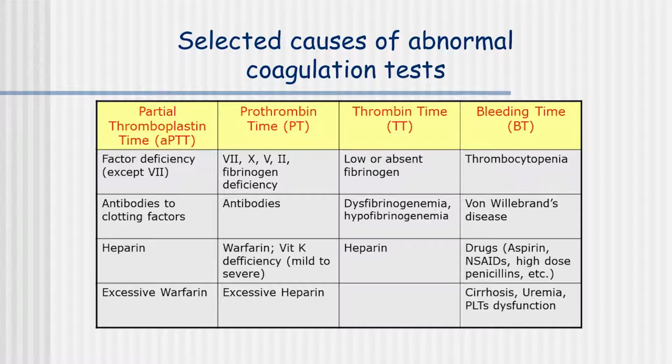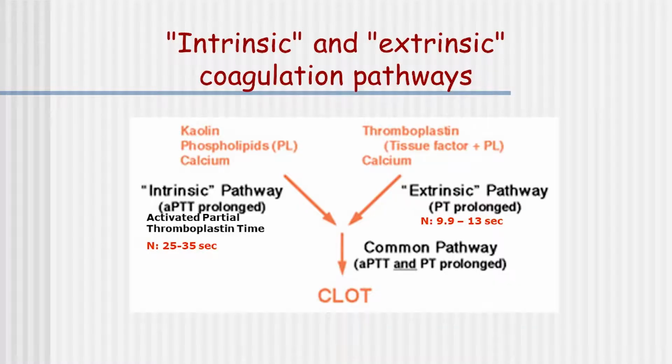For bleeding time, you have thrombocytopenia, von Willebrand disease, drugs like aspirin, NSAIDs, high-dose penicillins, cirrhosis, and so on and so forth. Okay, they will all lead to abnormal coagulation tests.